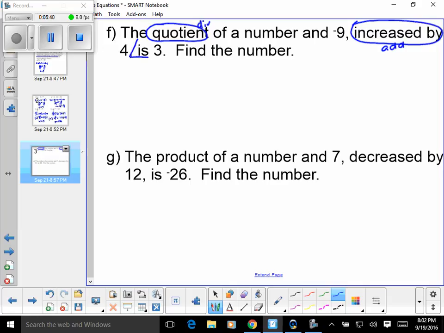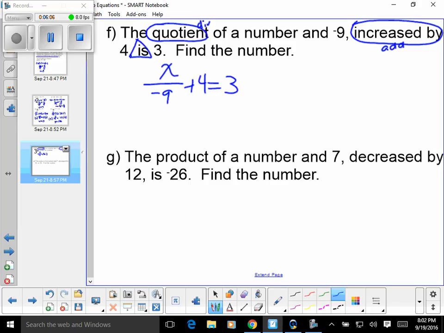And here's my equal sign word, is. The quotient of a number and negative 9. I don't know the number, so I need a variable. Let's mix it up and use an x. And negative 9 increased by 4, add 4 is 3.